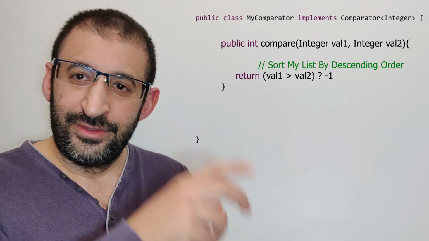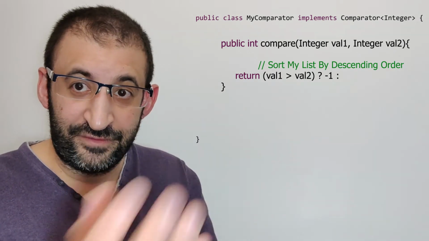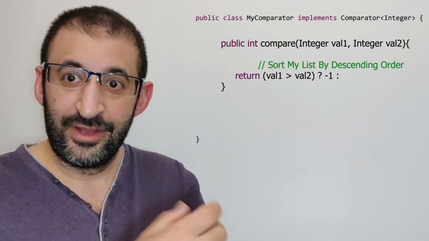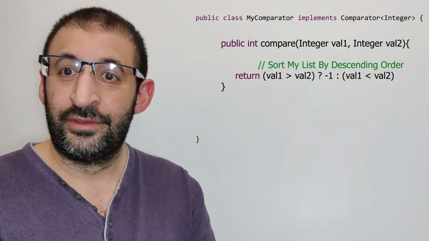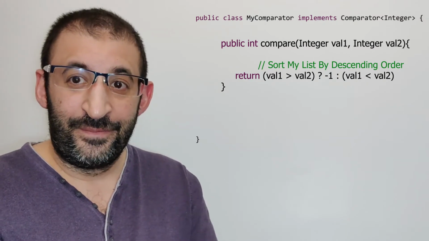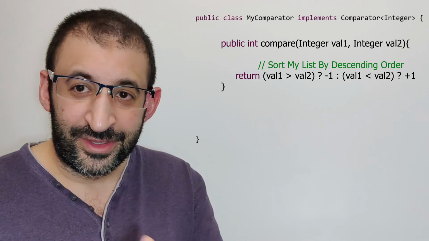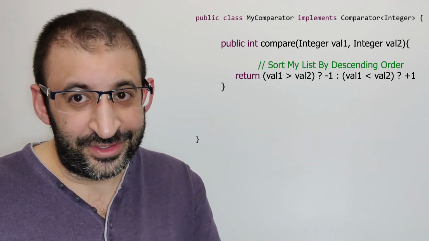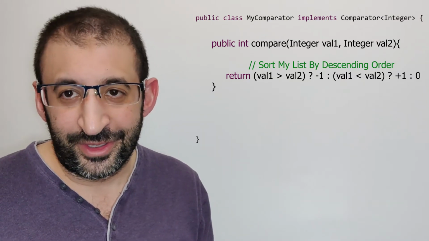Colon. Here I don't have another result, so I will check again. If value 1 is less than value 2, it will become value 1 after. So, question mark, it returns +1. Colon. I don't have any other check or test, so it returns 0.